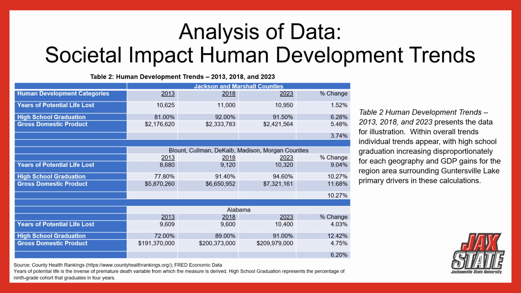These values represent the years of potential life loss for Jackson and Marshall counties for 2013, 2018, and 2023. These are the high school graduation percentages as well as the gross domestic product. So all of these values will go into the societal impact index.